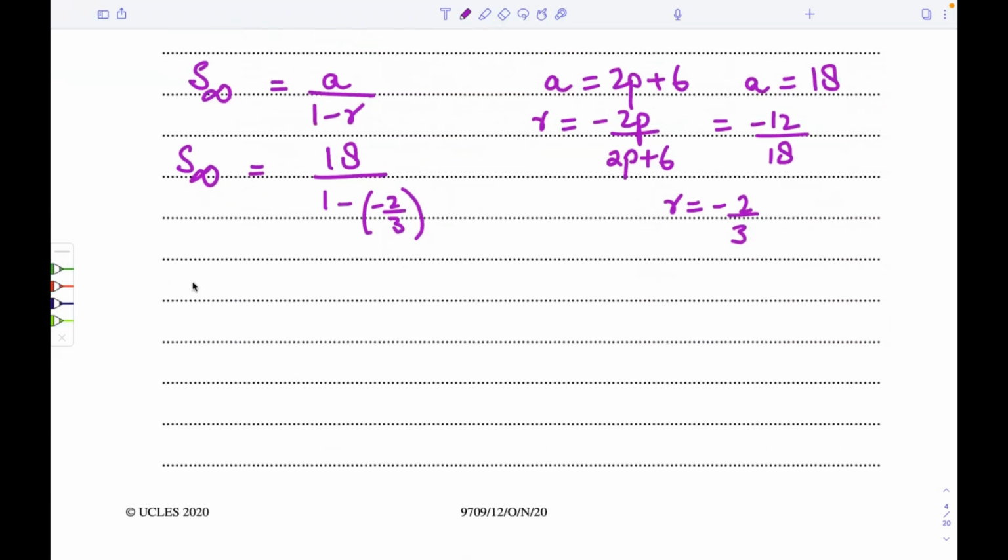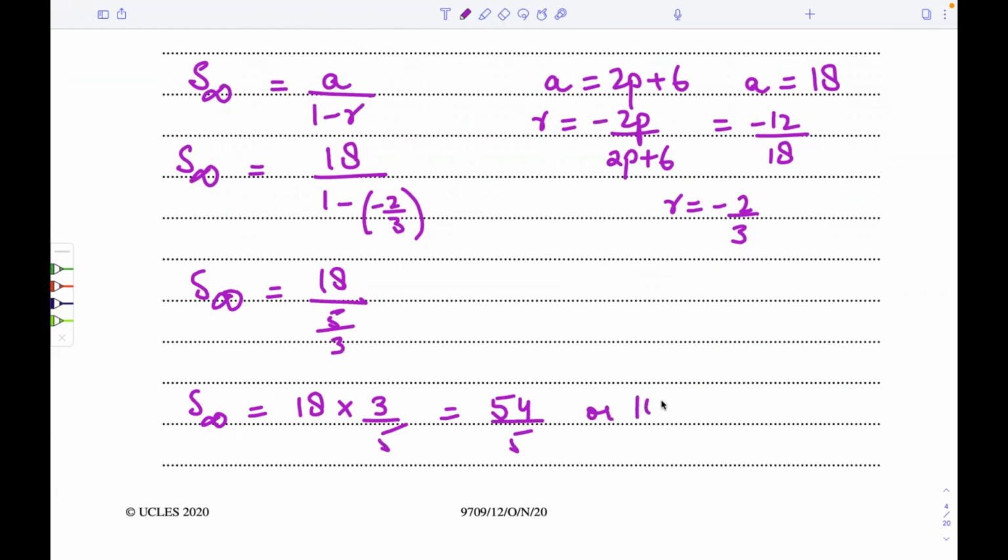Simplifying this, we get 18 divided by 1 + 2/3, which is 5/3. And simplifying this, we get 18 multiplied by 3/5, which is 54/5, or we can give it as 10.8. So this is the sum to infinity of the geometric progression.